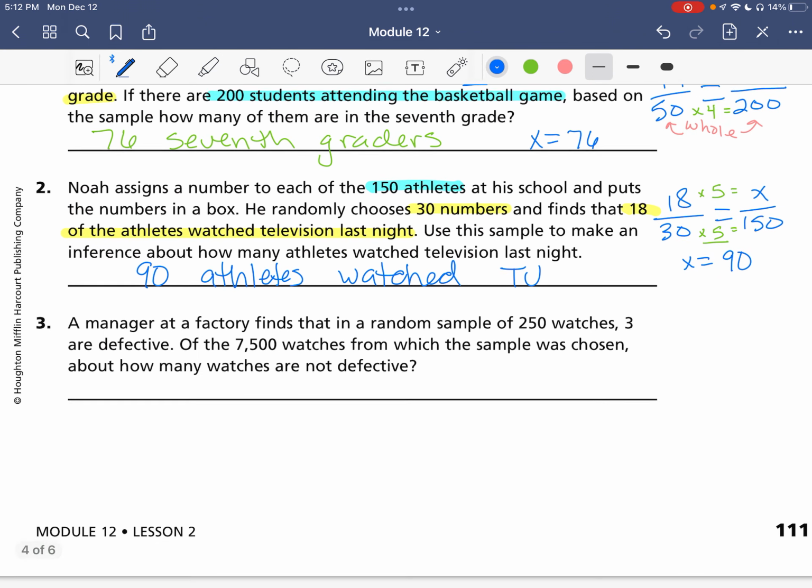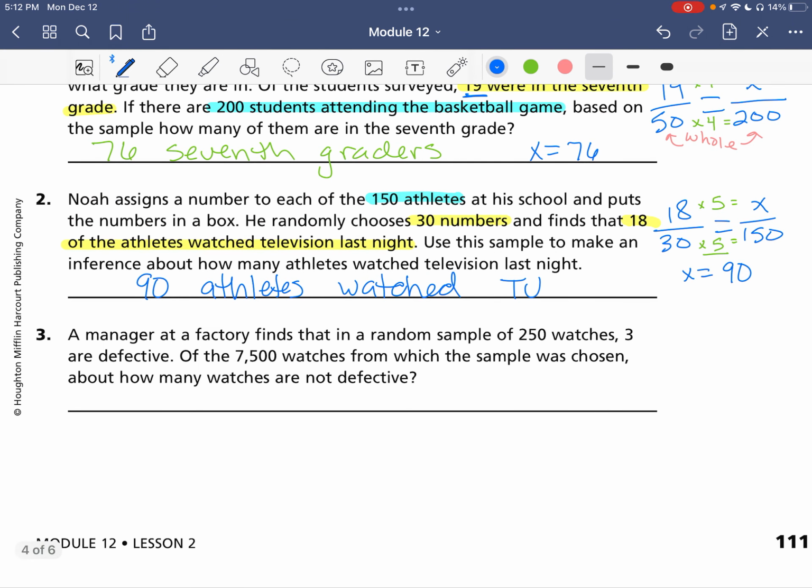All right, last one. A manager at a factory finds that in a random sample of 250 watches, 3 are defective. Okay, so there's our random sample. 3 are no good. And then we have a total of the 7,500 watches. Of the 7,500 watches from which the sample is chosen, about how many watches are not defective? Ooh, not defective.